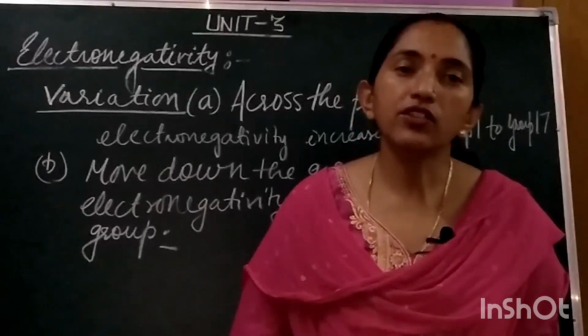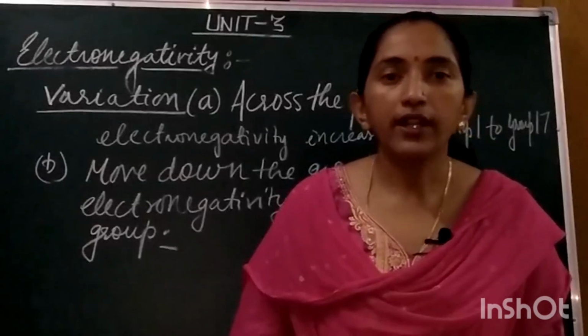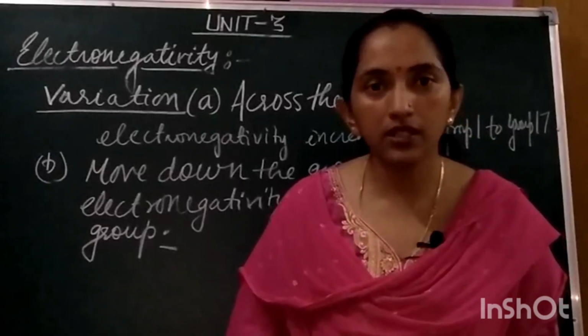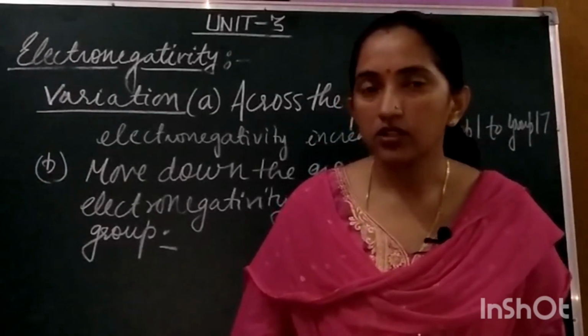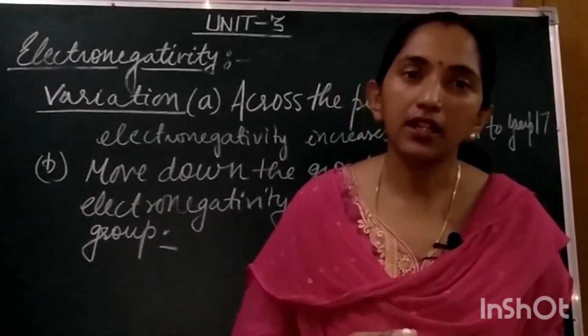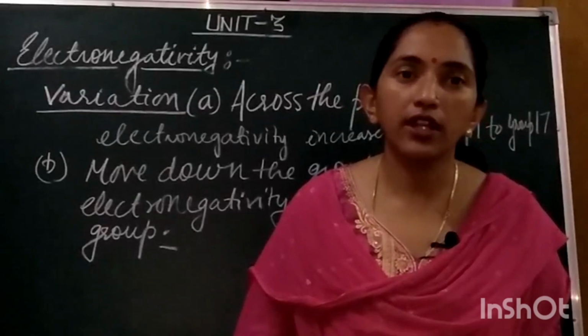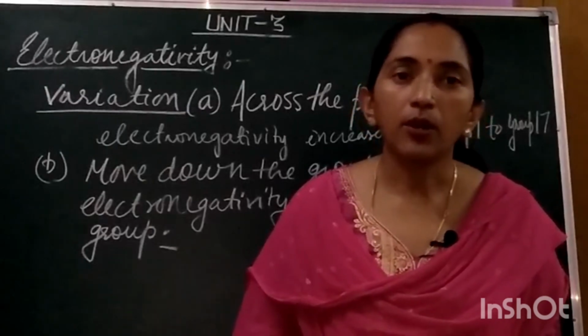The element with the greater value of electronegativity will definitely be a non-metal and will show non-metallic properties, whereas the element with the lower value of electronegativity will show the metallic character.